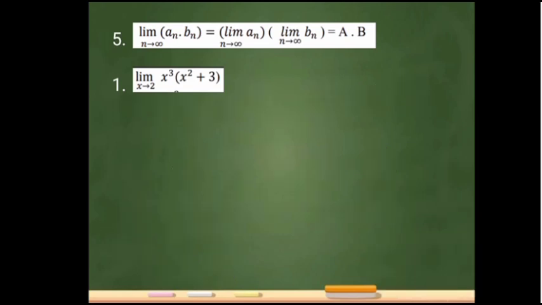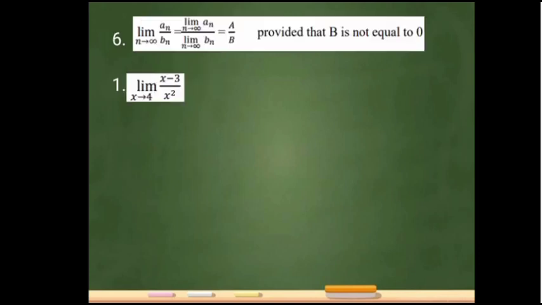So, let's proceed to our last property of limits, which is also called the division theorem. When we say division theorem, it is the limit of the quotient of the functions is equal to the quotient of the limits of the individual functions.